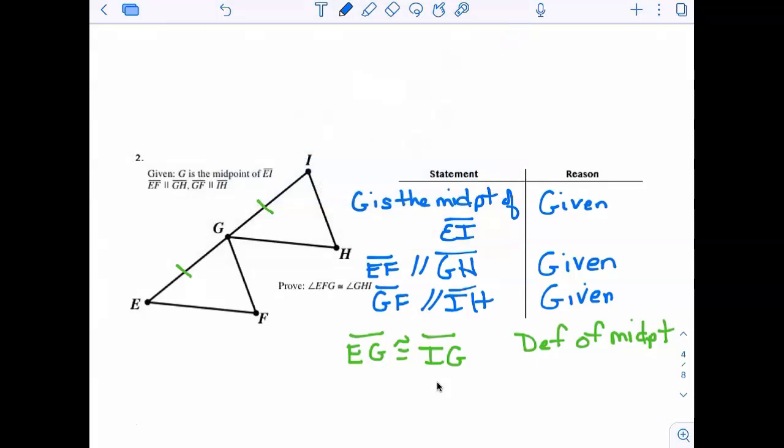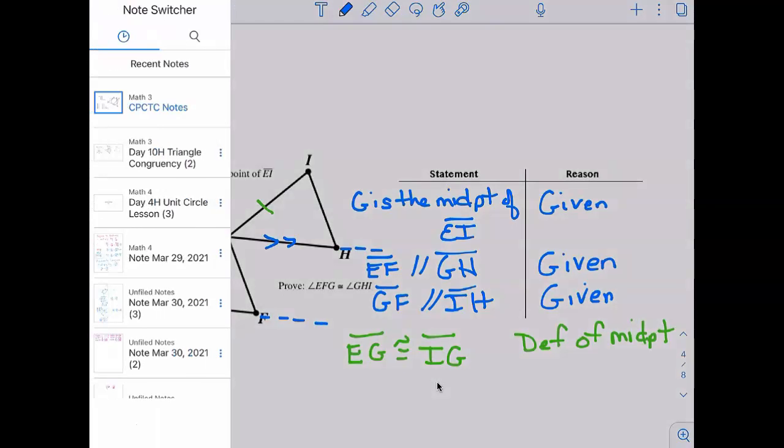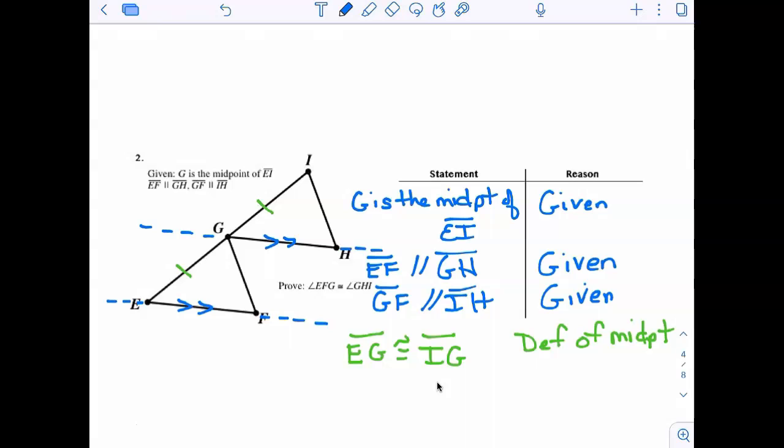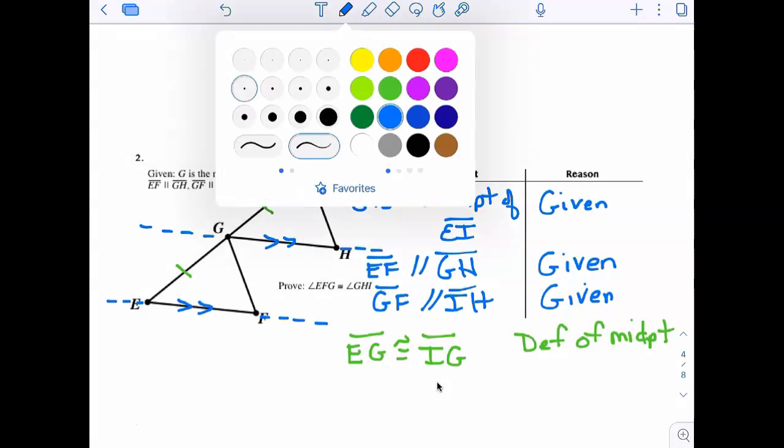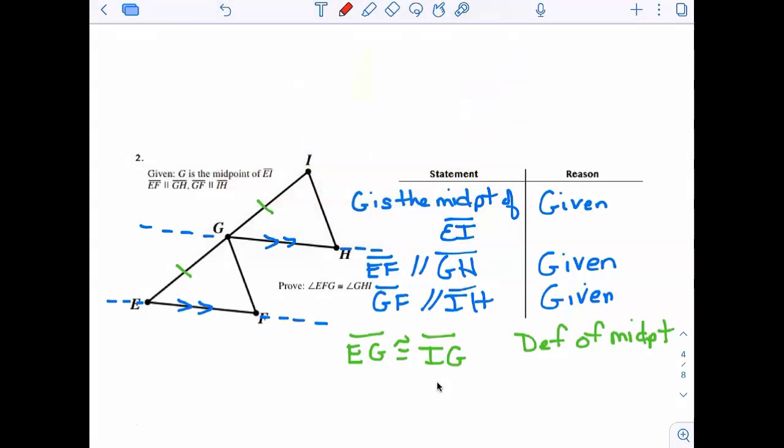Now, remember we were told we had parallel lines. Let's mark those, okay? So EF is parallel to GH, and sometimes it'll be helpful if you extend those sides out a little bit. It makes it a little bit easier to see where your corresponding and alternate interior angles are. And we also are told that GF, so this side, is parallel to IH, right? So these are parallel.